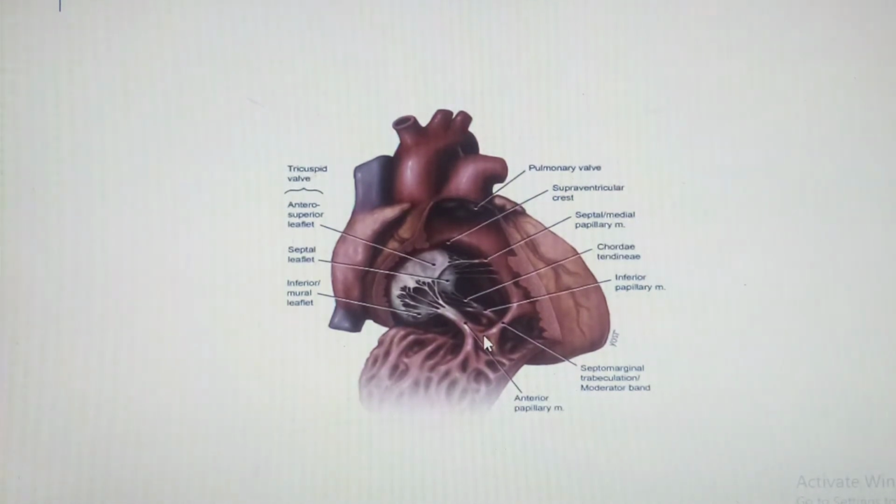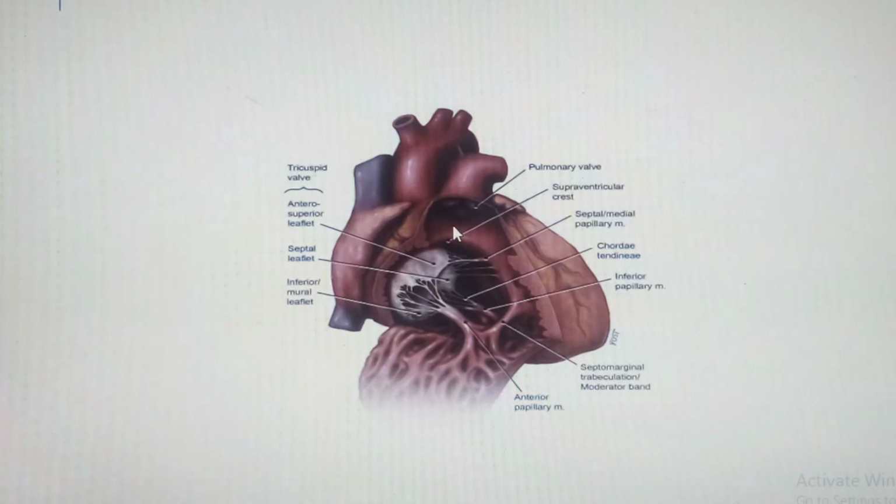Now for the outflow part, that is actually the conus part. This smooth part over here, above this supraventricular crest, is the outflow part, and we also call it the infundibular portion, or the conus arteriosus.